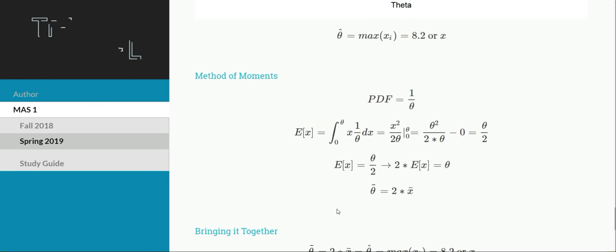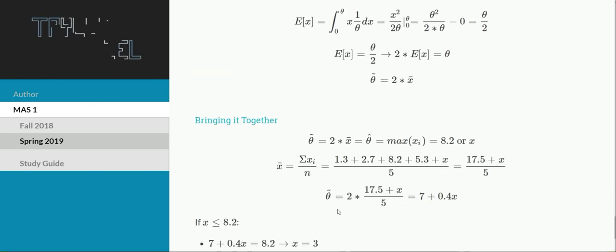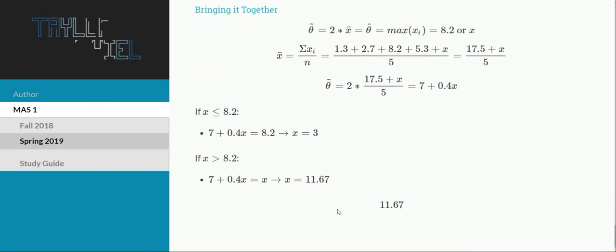So now that we have those 2 chunks completed, we can then try to bring it all together. For the problem, it wants to know what is that fifth unknown observation's value, what's the maximum possible value it could be, where theta tilde and theta hat are equivalent. So we know that theta tilde is just 2 times x bar, and theta hat is the maximum, so that's either 8.2 or x.